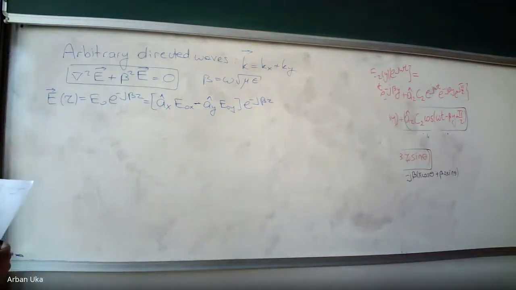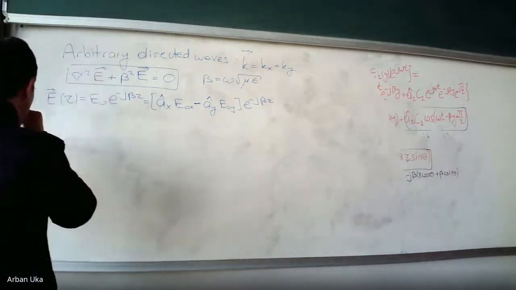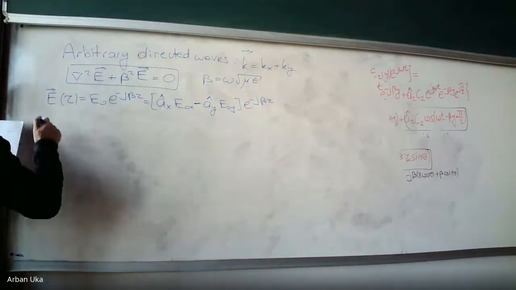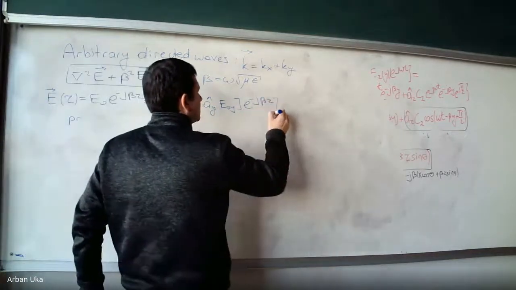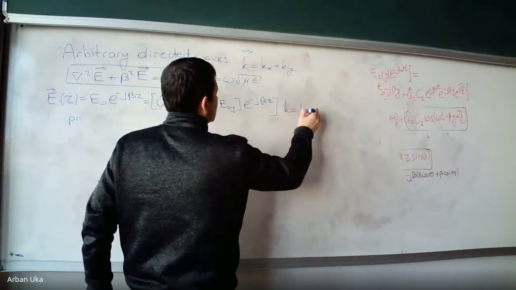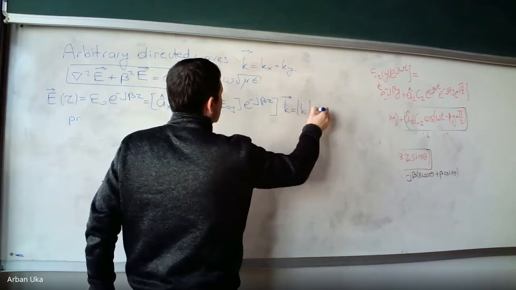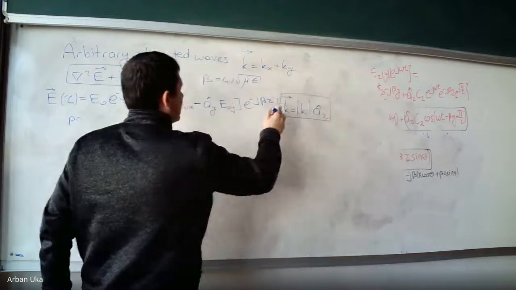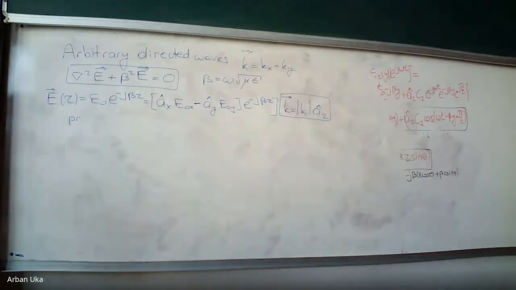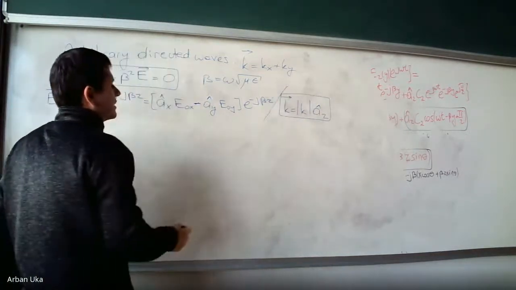So this is if the wave is propagating along z. Now, k is equal to the magnitude of k times az. This means that this is propagating along z.